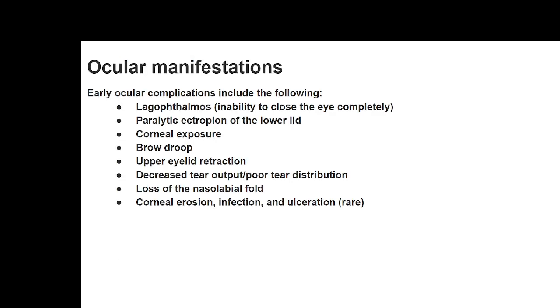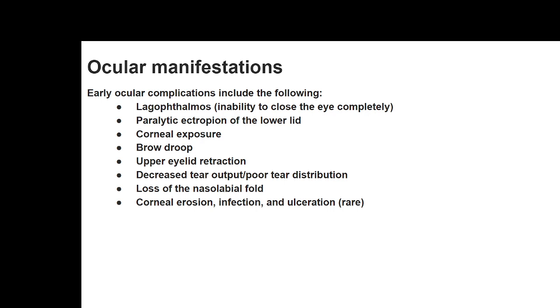Now, the other ocular manifestations, which are of significance from the clinical point of view. In Bell's palsy, 80 to 90% of cases are self-limiting, and the majority get relieved by themselves.